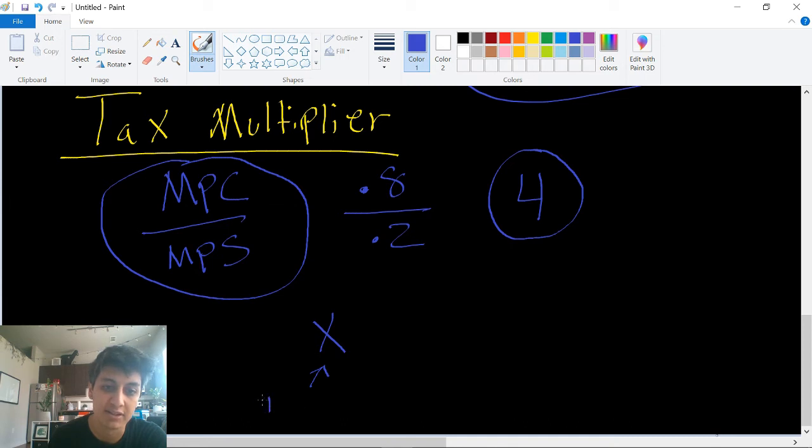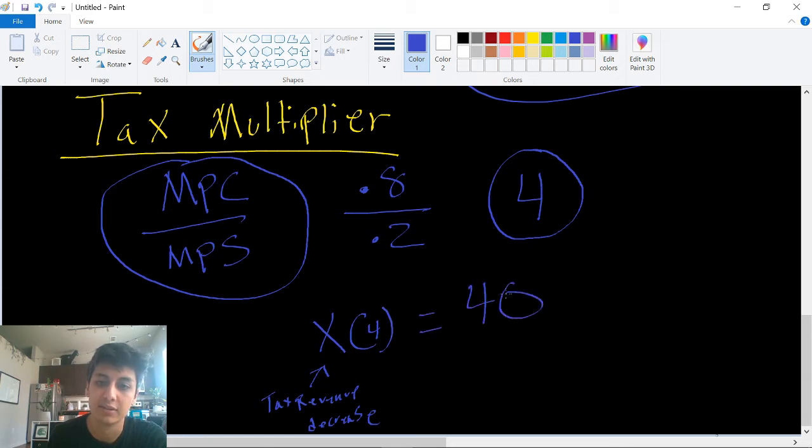This is going to be a tax revenue decrease. Because this tax revenue decrease, in a sense, this money is being given back to the people. And we're going to multiply that by our tax multiplier. And ultimately, we want that to close that $40 million gap.